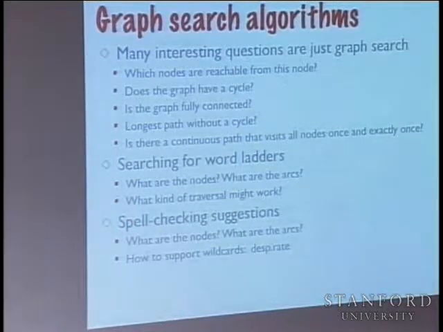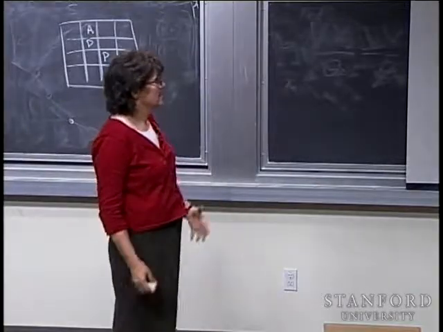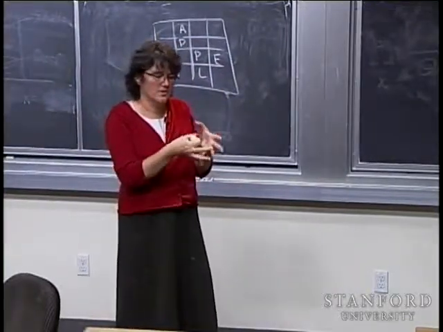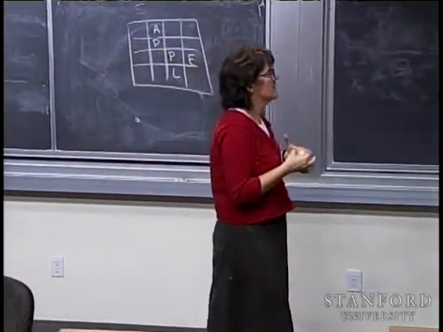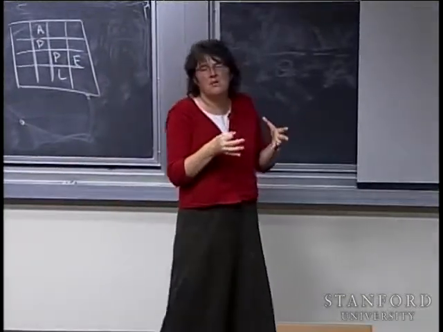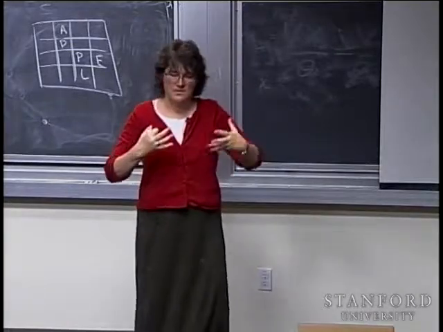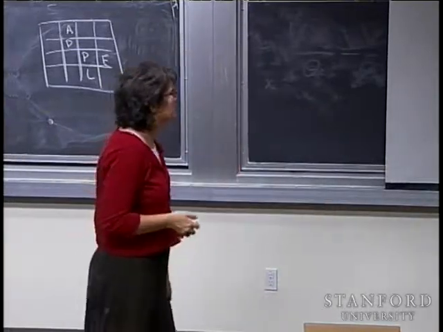So that you could describe a set of suggestions as those things that are within a certain hop distance from the original mistyped word. You could say things that have 2 letters different are probably close enough, but things that have 3 or more letters different aren't likely to be the mistyped word.